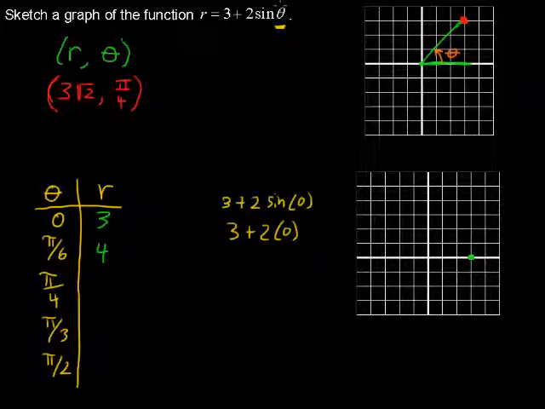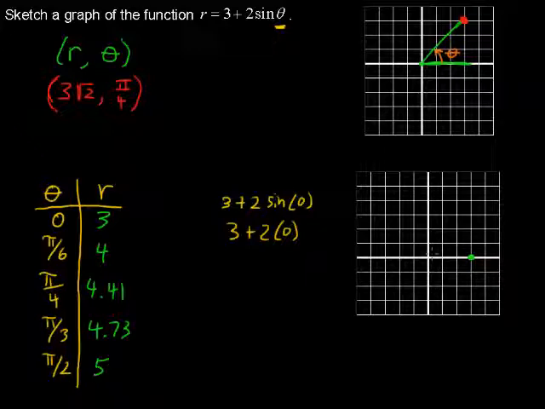If you plugged in pi over 4 for theta, then sine of pi over 4 times 2 plus the 3 equals, I'll give it as a decimal, 4.41. And then if you plug in pi over 3 radians, you get 4.73. And if you plug in pi over 2 radians, well, sine of pi over 2 is 1. So you'd have 2 times 1 plus the 3 gives you 5.